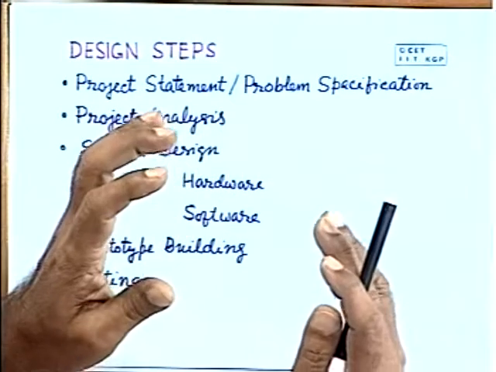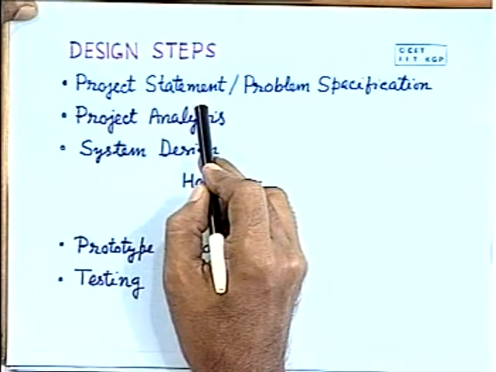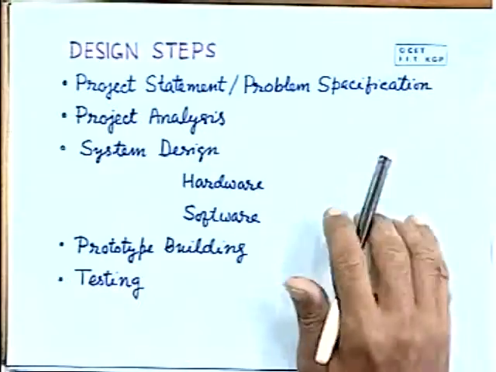In a simple but unambiguous language, the problem has to be stated, and usually that specification is called either project statement or problem specification. It is given in pure and simple English, but it has to be unambiguous so that the design is not faulty. There is no problem in designing the system.